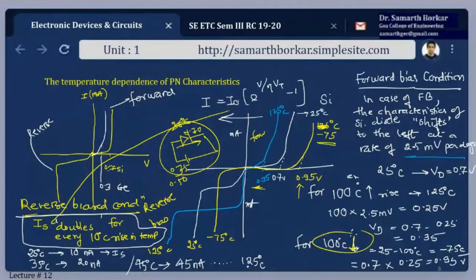So at 125 degrees Celsius, we are going to arrive at this value, 10.24 microamperes, which is a very big number. And for high temperature application, the IS is typically 10 picoamperes. This is just for your information.